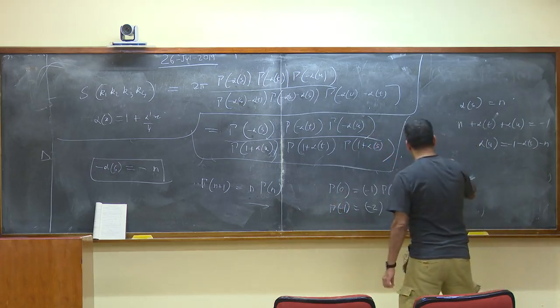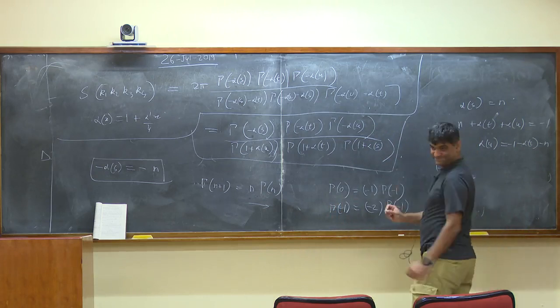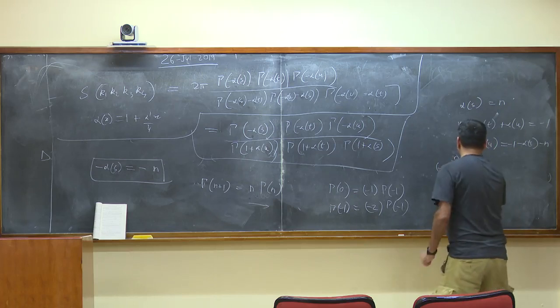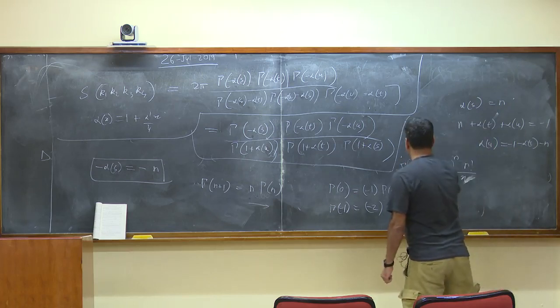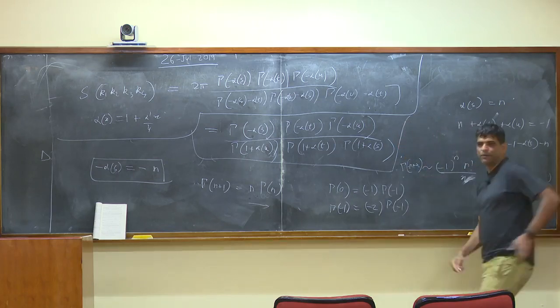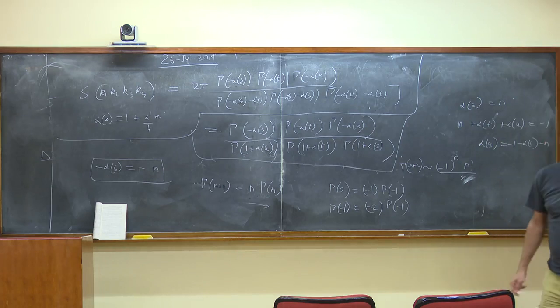So what we get is minus 1 to the power n times n factorial times x gamma of minus n plus x when x is small goes like this. Is this clear?